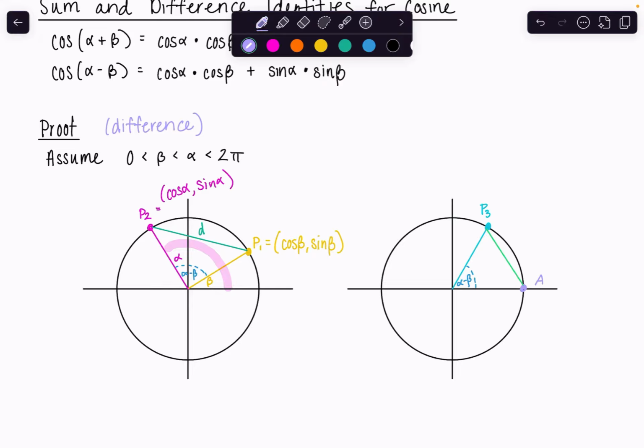So then those two key points here, point 1 has been moved to A, which has the coordinates 1, 0, because it's just on the unit circle. And then the second point here would be cosine of this angle, sine of that angle, okay?